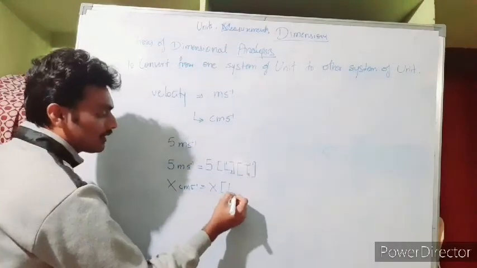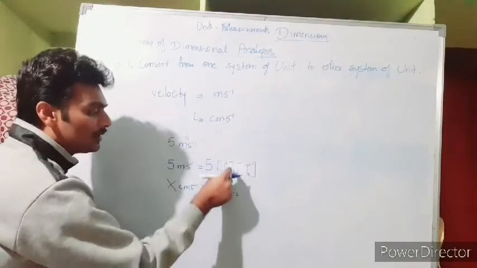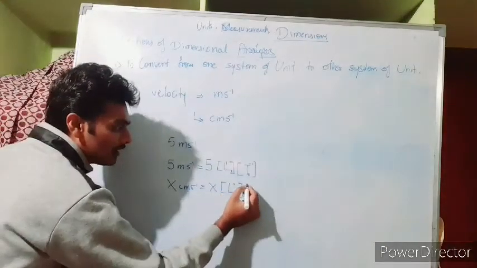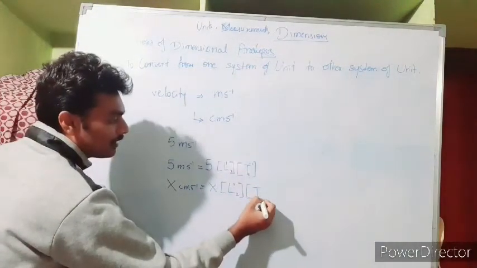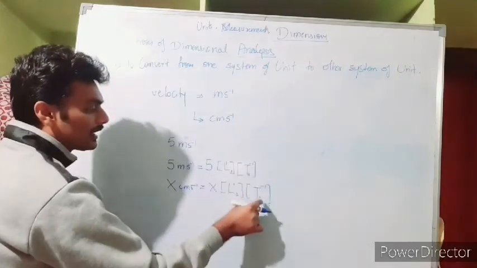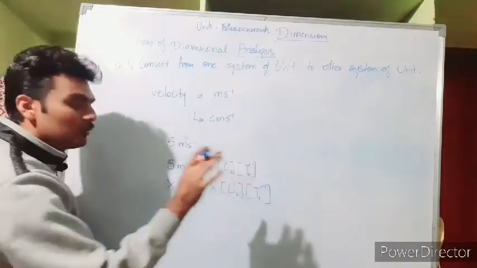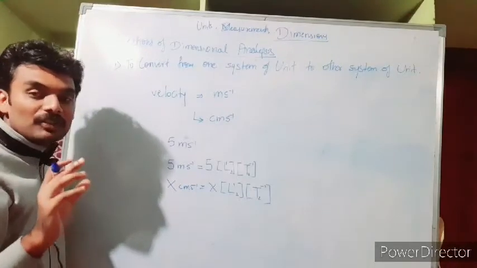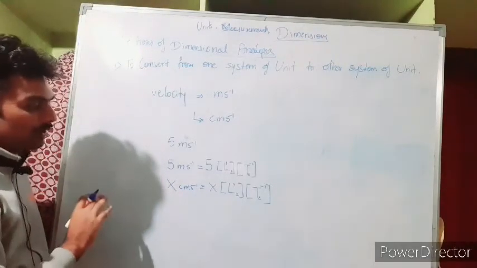Subscript is just a different way of expressing it. L1, L2: first length and second length. T2 minus 1: first time, second time. The powers are the same. Even when the units are changed, the dimensions of a physical quantity remain the same. That's the basic logic that we are going to make use of now.